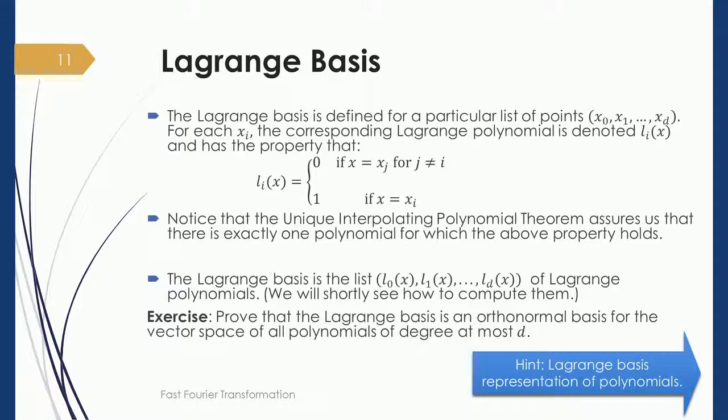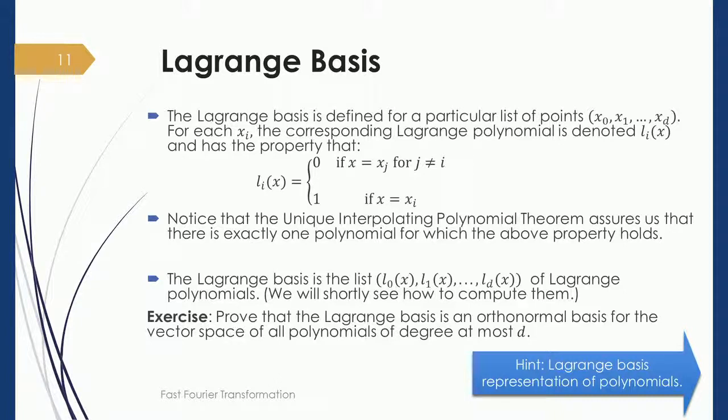So, if i is equal to 2, then L sub i of x2 should evaluate to a 1, but at all other points, say L sub i of x0, L sub i of x1, L sub i of x3 and so on, it must evaluate to a 0.